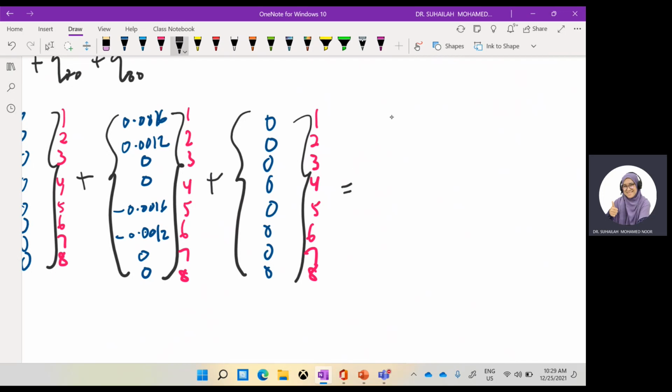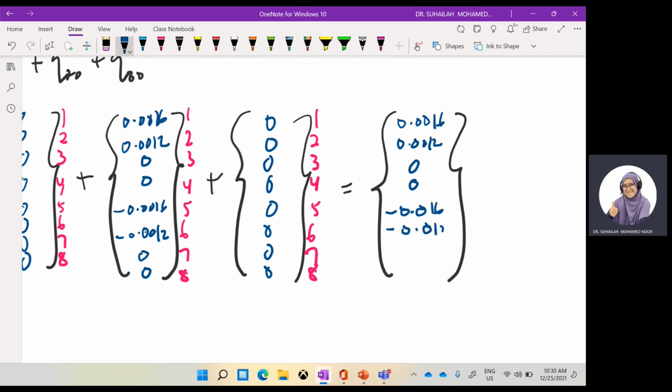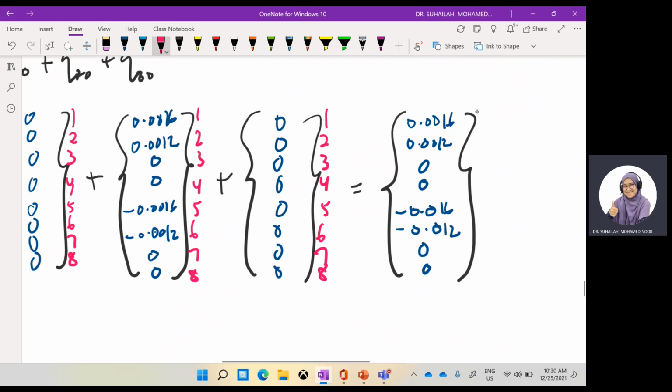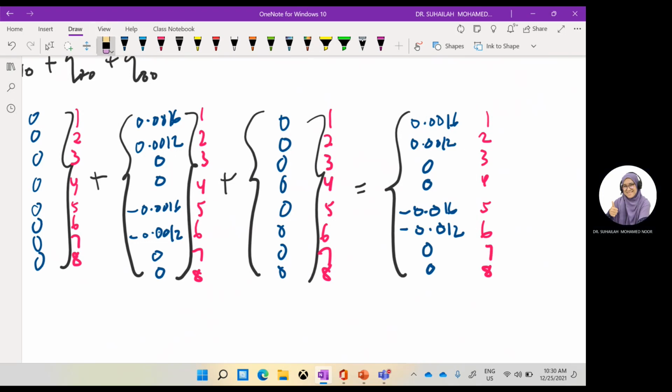So Q naught is equivalent to 0.0016, 0.0012, 0, 0, negative 0.0016, negative 0.0012, 0, 0. It is 1, 2, 3, 4, 5, 6, 7, 8.